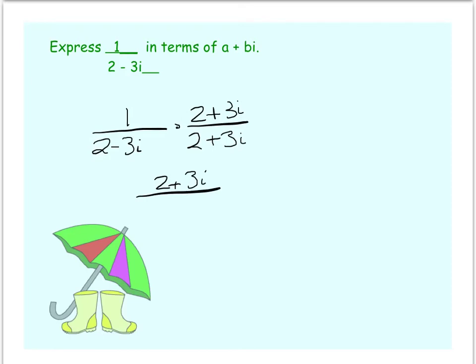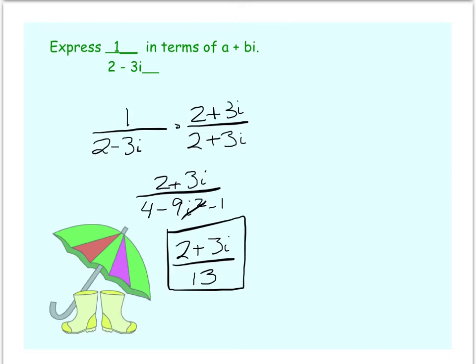But the bottom is going to be 4, and my middle terms cancel out, minus 9i squared. So that's going to be negative 1. And that is going to be 2 plus 3i over 4 plus 9, which is 13. So 1 over 2 minus 3i is just equal to 2 plus 3i over 13.